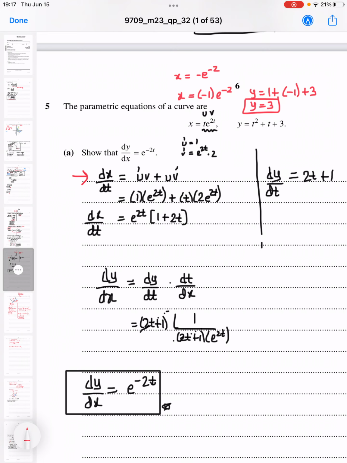So dy by dt is 2t plus 1 and dt by dx is the reciprocal of this, which is 1 over 2t plus 1 times e raised to the power 2t. So this becomes dy by dx equals e raised to the power minus 2t.